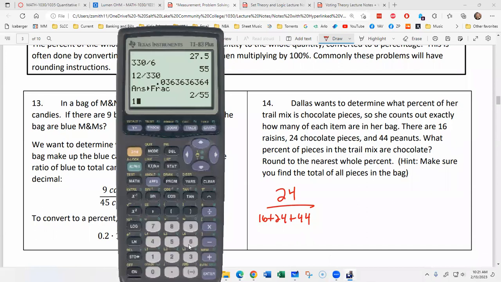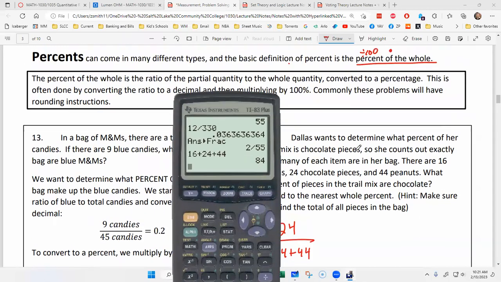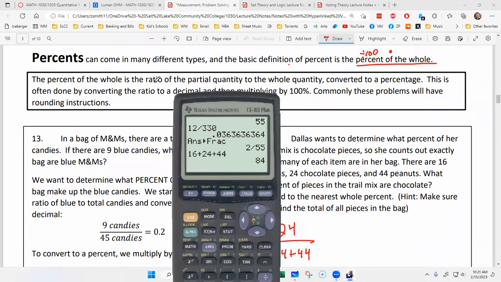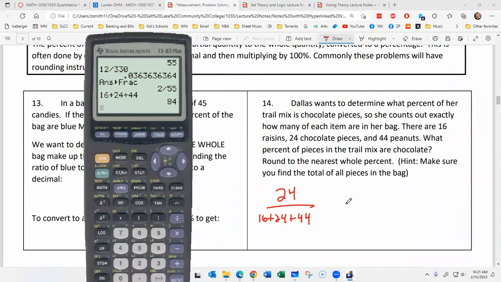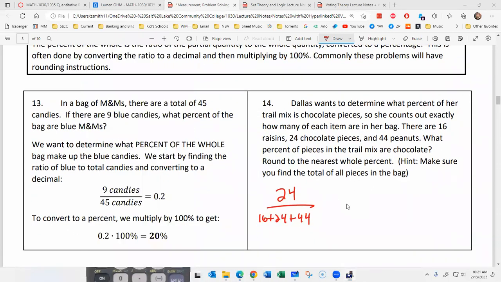So if I do the 16 plus the 24 plus the 44, we can determine that there are 84 different items in her bag. And percent of the whole is the partial over the total. I think I have that somewhere in here. Ratio of the partial to the whole. Okay, perfect. So we have 24 over 84.